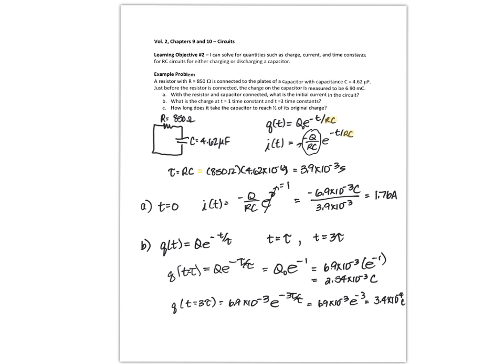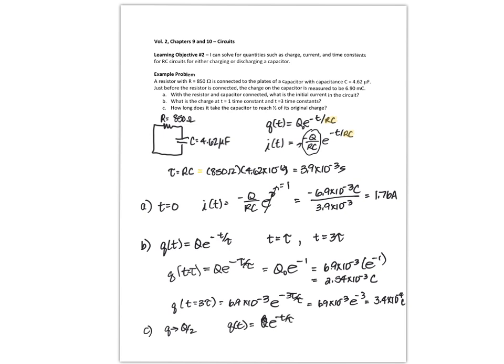And then finally, the last part of this is how long does it take until Q goes to half of its original value? So I'm going to use Q of t equals Q e to the minus t over tau.